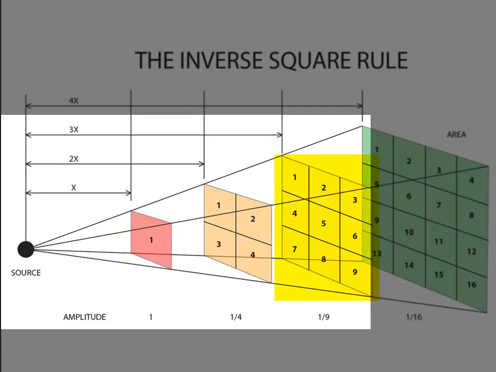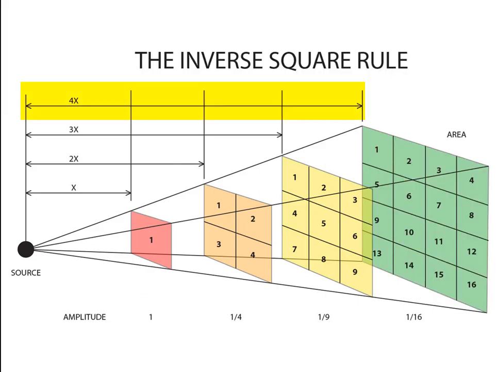The area is 3 squared, which is equal to 9. And therefore, the thickness of the paint after 5 minutes will be 1/9 of what it was at distance x. And at distance 4x, the area that the paint has to cover now is 4 squared compared to the first situation. And so the thickness of the paint after 5 minutes will be 1/16 of what it was for distance x.